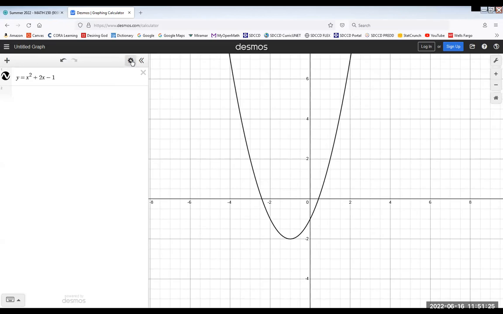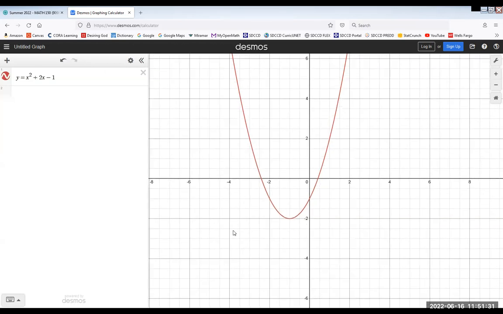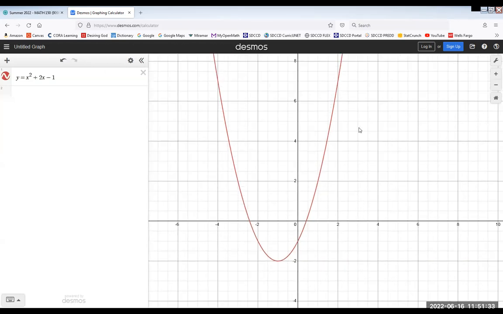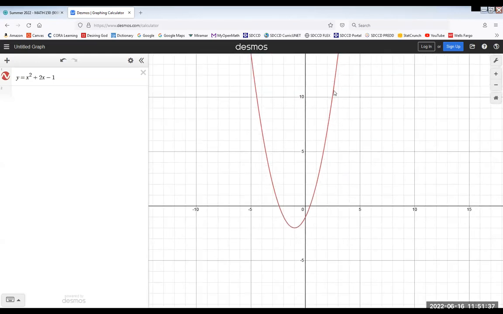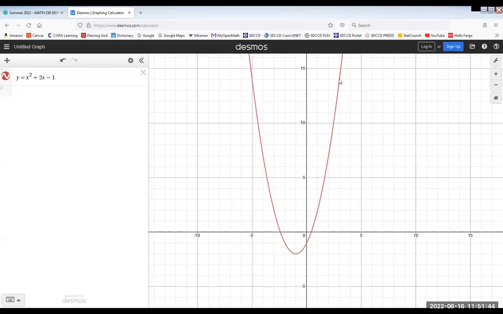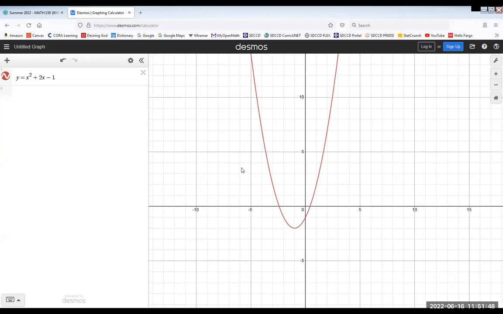Let me give it a different color, really pop off the page. So we know at 3, it's way up there, at about 14, I think. Okay, we know the slope there is 8.